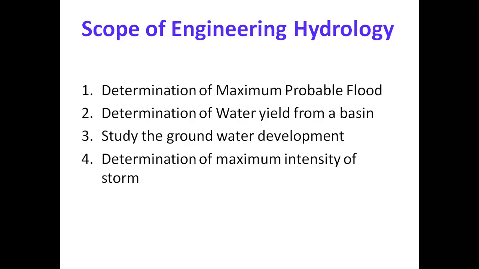Next, to study groundwater development, and the fourth one is the determination of maximum intensity of storm. Depending on that, we can calculate the intensity of storm and make a decision on the height of the dam or reservoir.